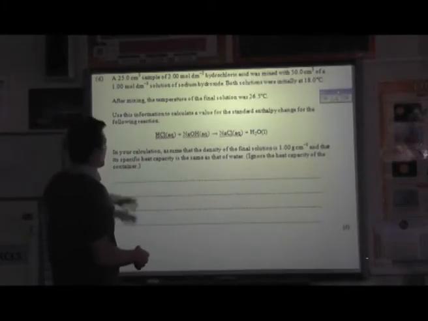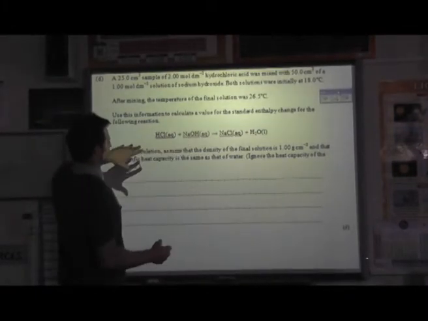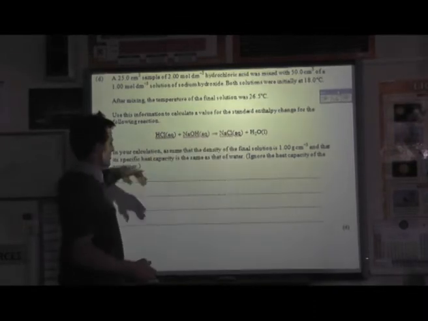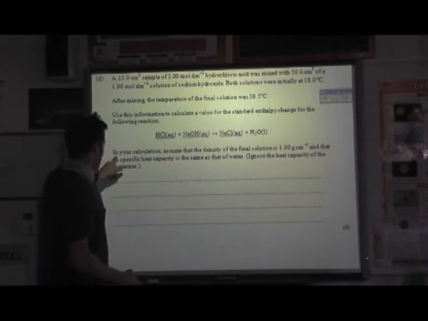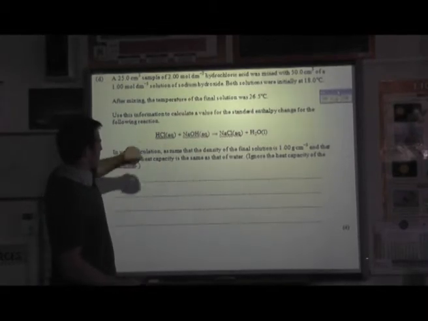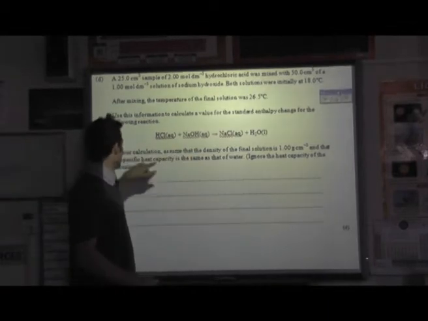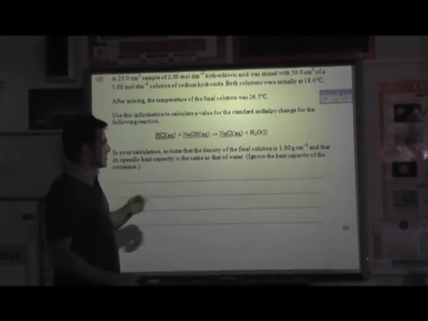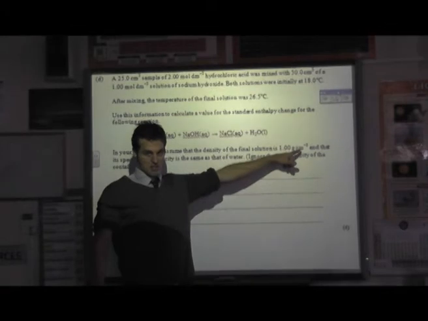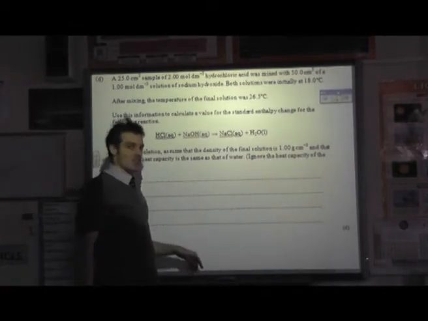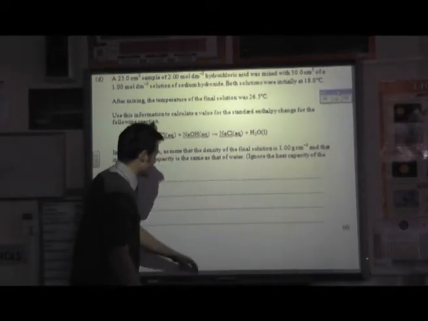Okay, this is the reaction that's happened, which you may be expected to draw out yourself, because it's just a simple acid plus base reaction. And using this information, calculate a value for the standard enthalpy change for this reaction. In your calculation, assume the density of the final solution is 1 gram per centimetre cubed. And they've given you the specific heat capacity of water already.